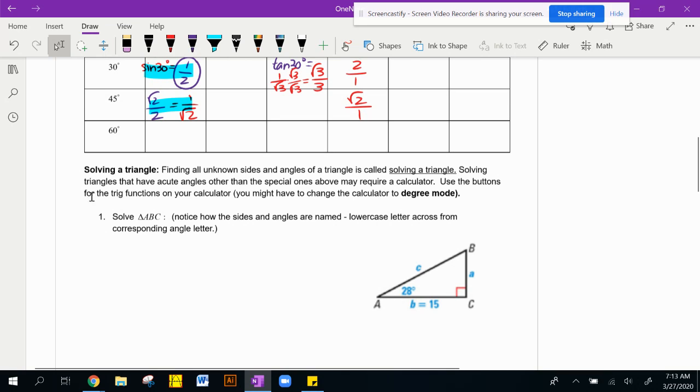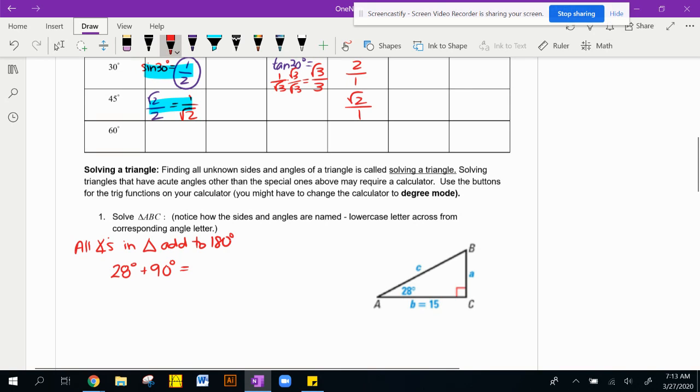So to solve triangle ABC means we're looking for all of the other sides and angles. Now remember, all angles in a triangle add to 180 degrees. So we already have a 28 degree angle, and we have a 90 degree angle.